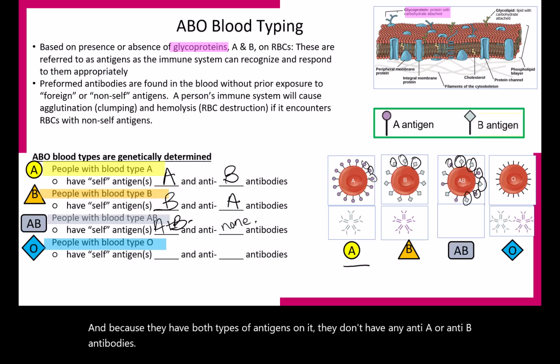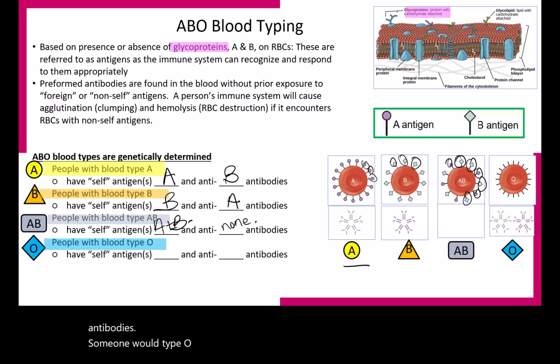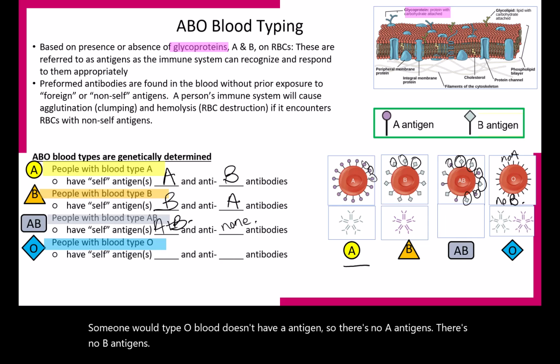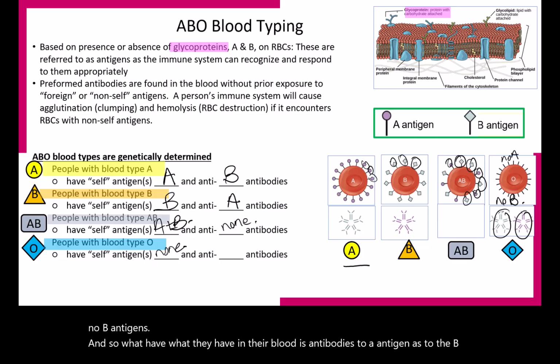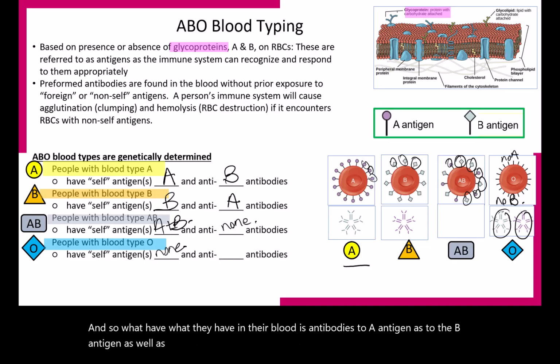Someone with type O blood has no A antigens and no B antigens. So what they have in their blood is antibodies to the A antigen as well as antibodies to the B antigen.